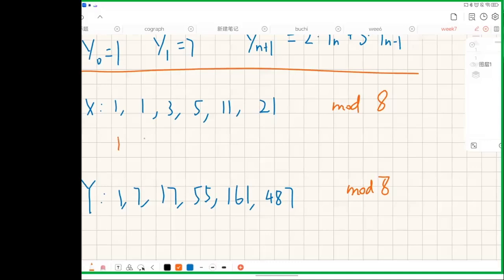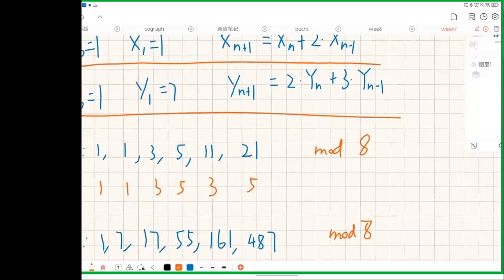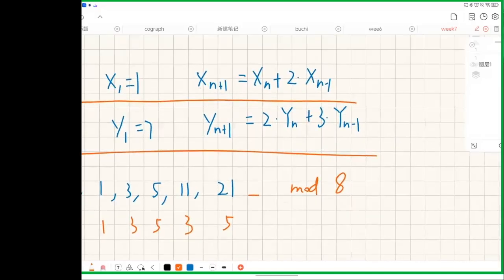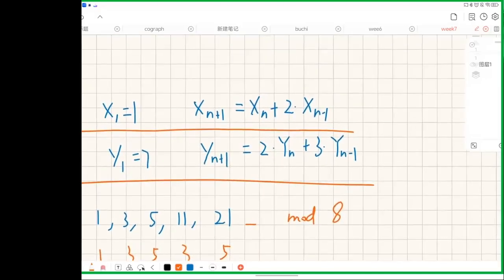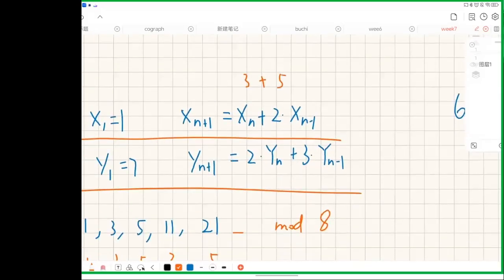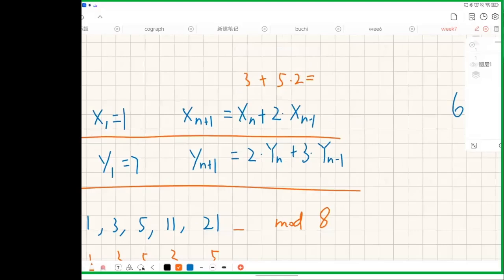We got 1, 1, 3, 5. And then it's 3 again, and it's 5 again. And that's why, suppose for the next value, its mod 8 should be 3 plus 5 times 2 equals 5, right? Or equals 3, so.